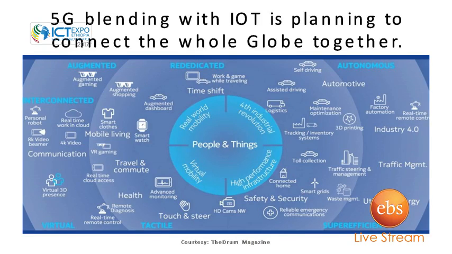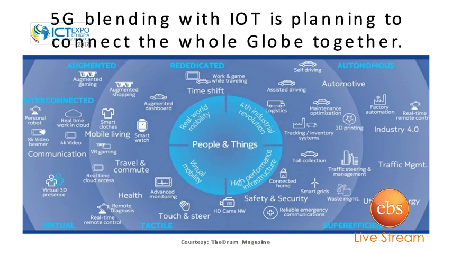And when you take a look at this, you can see it wants to connect through the Internet of Things, real world mobility, fourth industrial revolution, high performance infrastructure, and virtual mobility, etc. When we focus on real world mobility, you can see augmented gaming, augmented shopping, and augmented dashboard, etc., have been focused.